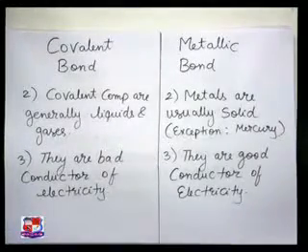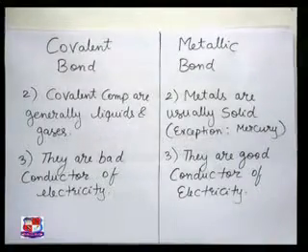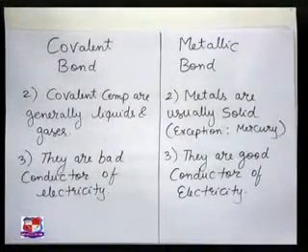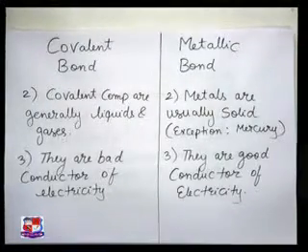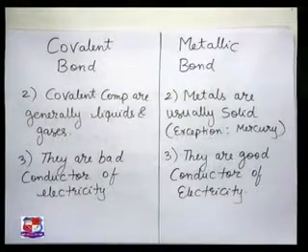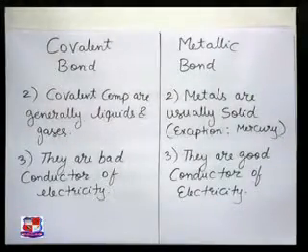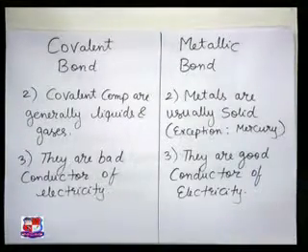Second, covalent compounds are generally liquids and gases, while metallic compounds are usually solids, and the exception is mercury. Third, covalent compounds are bad conductors of electricity, while metallic compounds are good conductors of electricity.